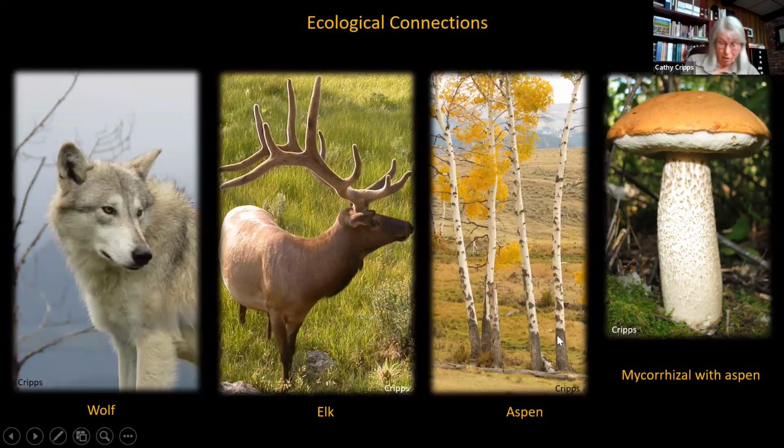Well, in my mycorrhizal world, it was not just aspen and willows proliferating, but whoa, it's a whole new set of mycorrhizal fungi that are coming in. And these mycorrhizal fungi function a little bit differently than those in the conifers. It's a different set. So who would have thought that introducing wolves to Yellowstone would make a difference in the microbial functioning of the soil? So some connections here.